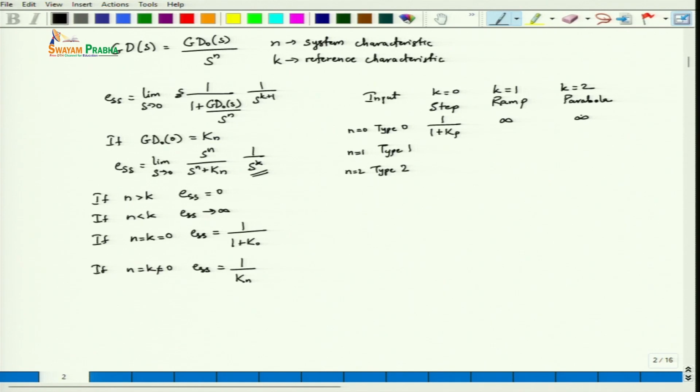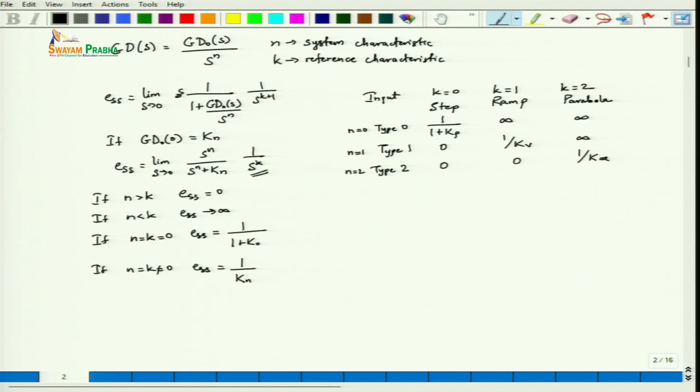When n is equal to 1 and k is equal to 0, this is equal to 0. Then for n is equal to 1, k is equal to 1, we have 1 divided by kv, and this goes to infinity. Here we will get 0, similarly here we will get 0, and this is 1 divided by some error constant.